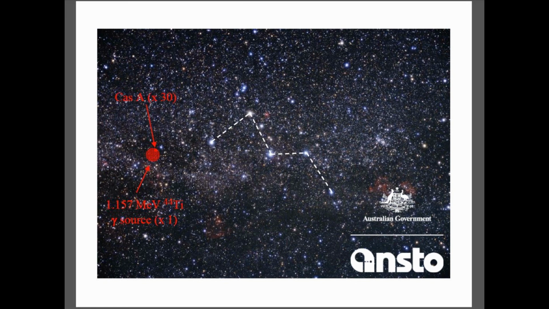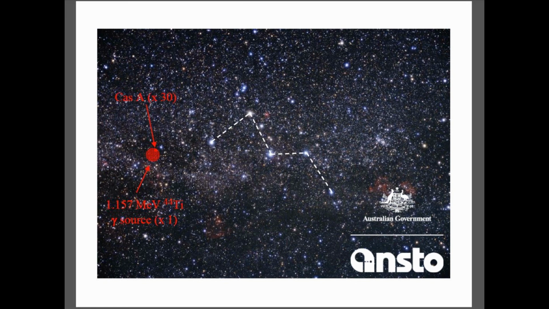This is the remnant seen in all sorts of wavelengths: radio, infrared, visible, X-ray. But the amazing thing is that not only is it seen in all these wavelengths, it's also seen as radioactivity, the titanium-44 specific activity. This is shown here. It's like the aluminum-26 map before, but it's a very small spot in the sky in galactic longitude and latitude.